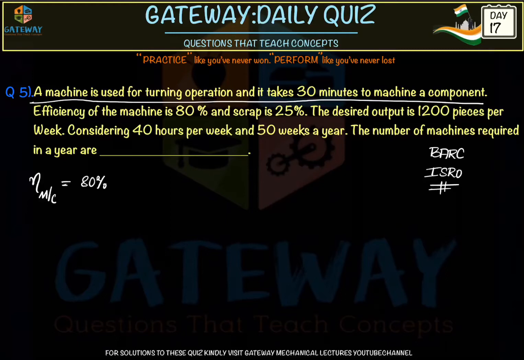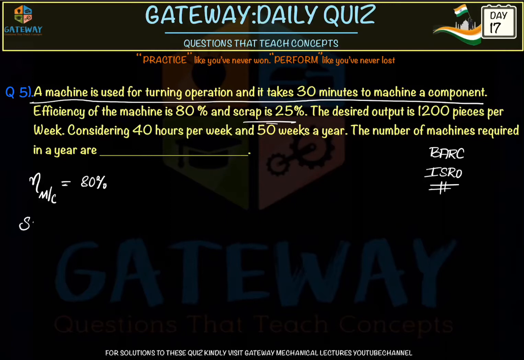And what is the scrap? Scrap is given in the question as 25%. The raw material we are sending might have some material defects, or during the turning operation maybe the tool is placed wrong and there are chatter marks, or there are some other defects in the final output. All those defects combine to be called scrap. It is not used for our final product.